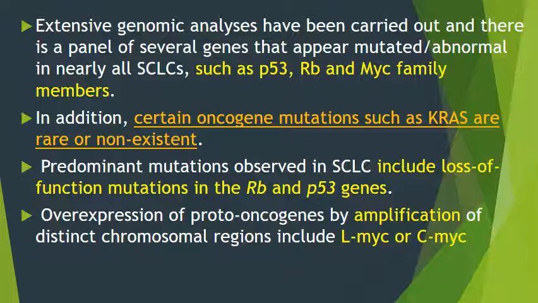The guardian of the genome, P53 gene, is the guardian of the genome. So when there is loss of the function or mutation in such genes, it will lead to the development of cancer, as in small cell lung cancer.